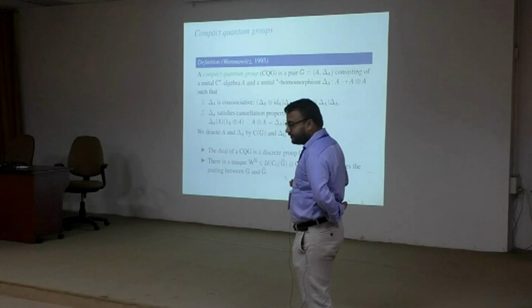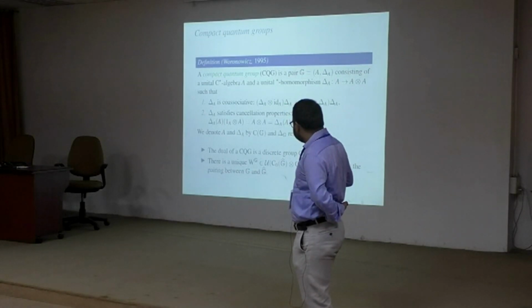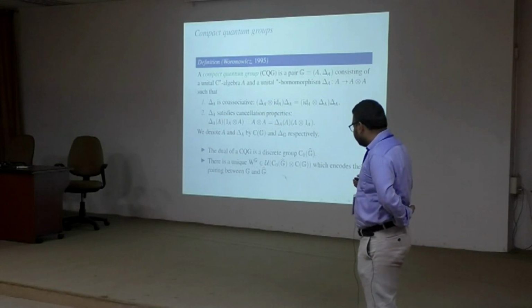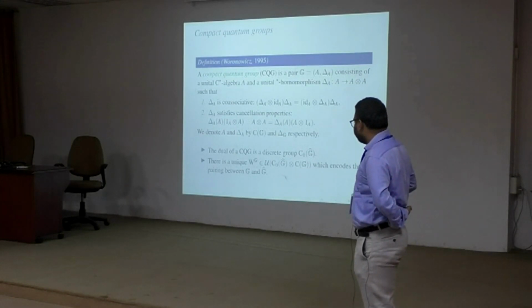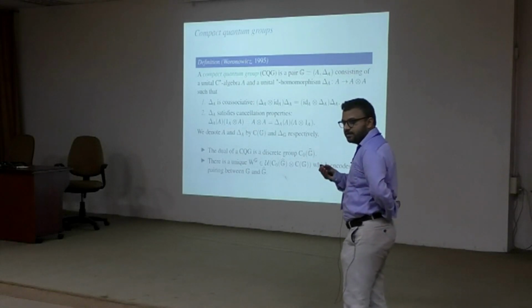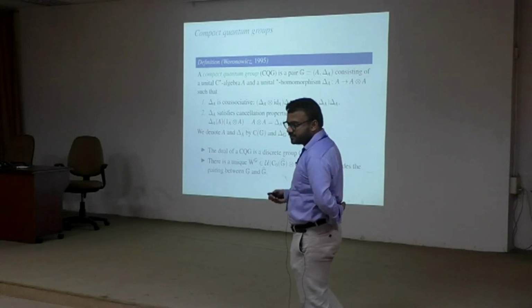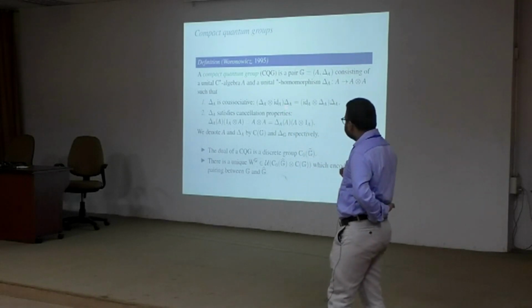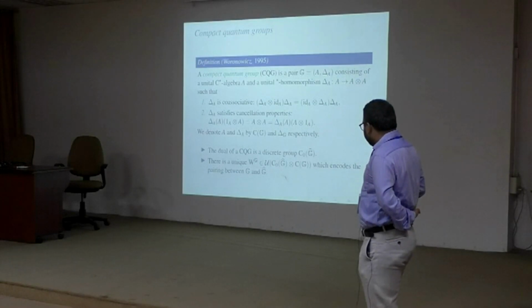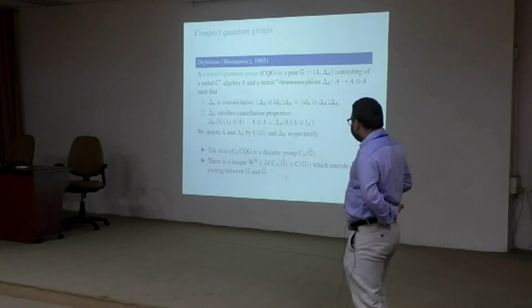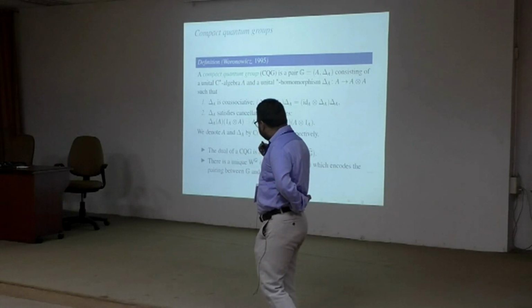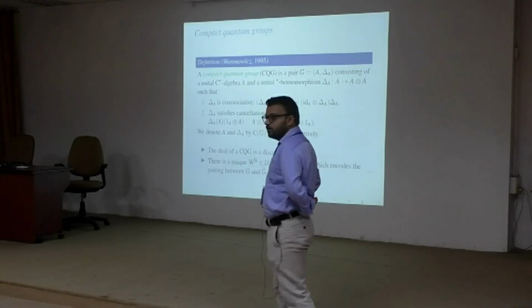It's by Woronowicz, and it starts with a unital C-star algebra and a unital star homomorphism, which satisfy these two properties. Roughly speaking, this definition was motivated by the concept that a compact semigroup with cancellation is a compact group, and this definition is the non-commutative analog of that. Now, given any quantum group in general, locally compact, doesn't matter, there is actually a dual object.